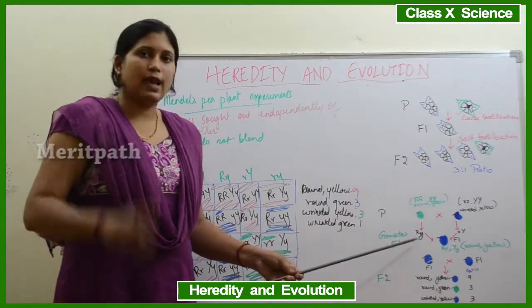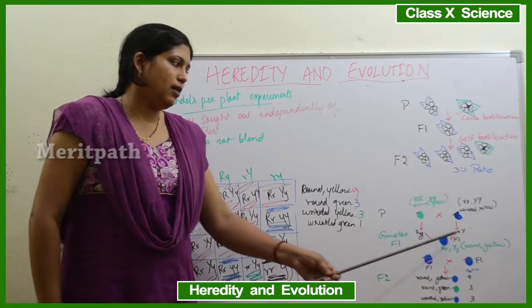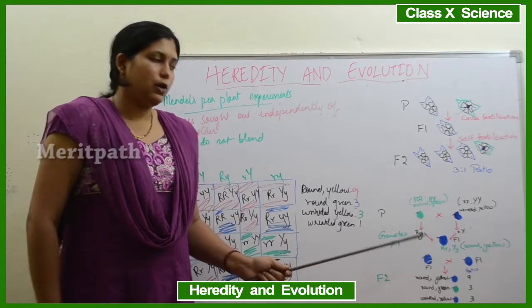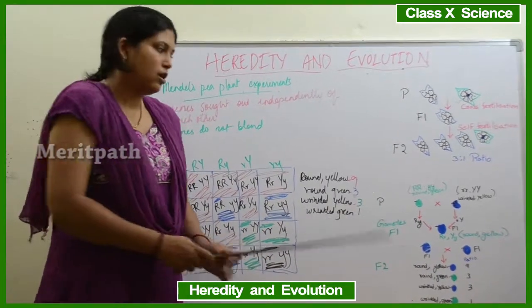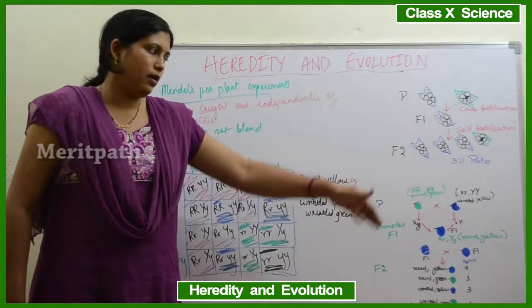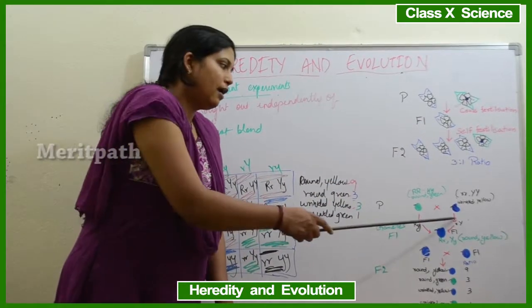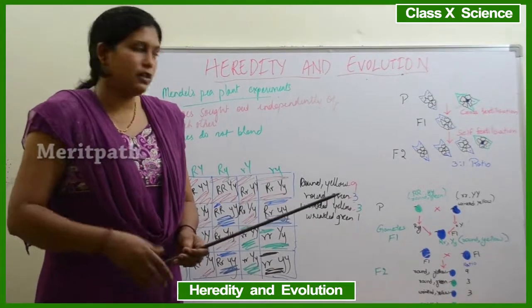The sex cells have a single allele, right? That is capital R, small r, and capital Y. Because reproductive cells are haploid, they have only a single allele, not paired. So these parent cells, whether a pollen or an egg, meet and fertilize to form the F1 generation. What did we get in the F1 generation?